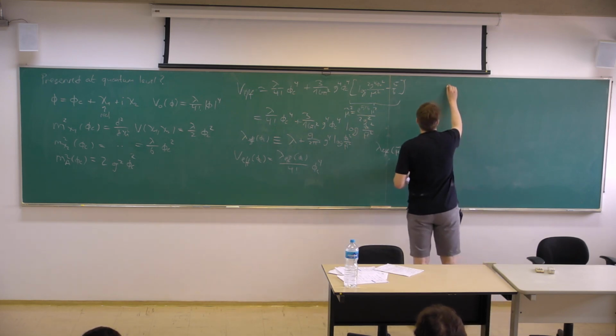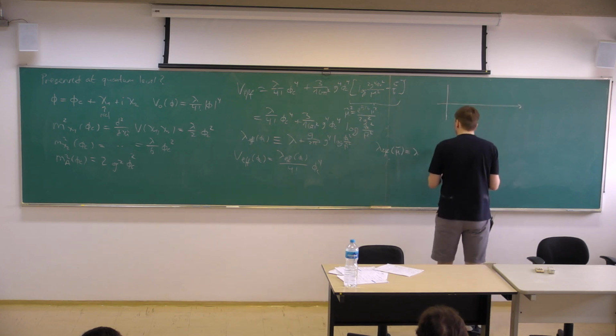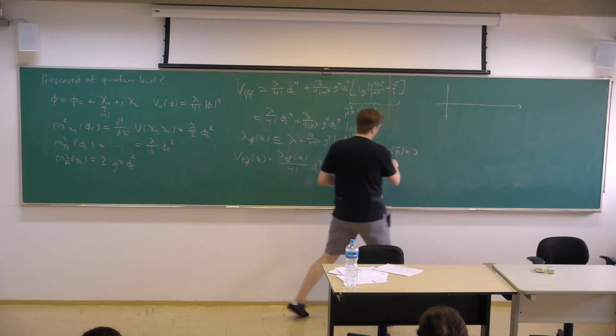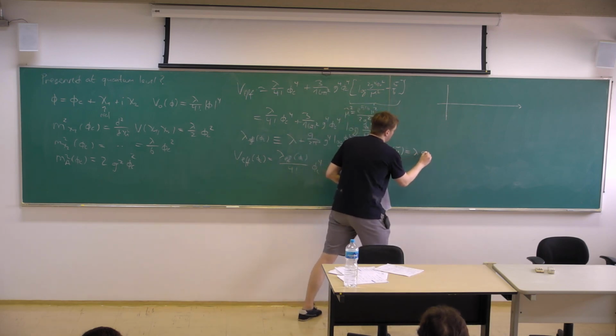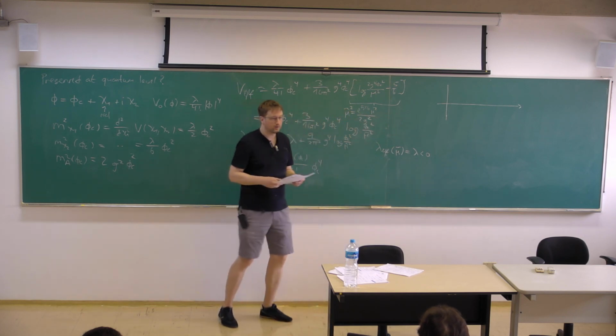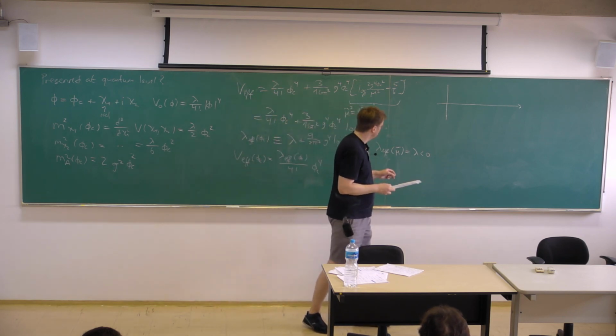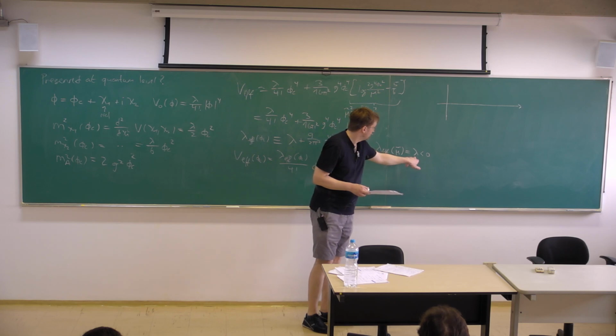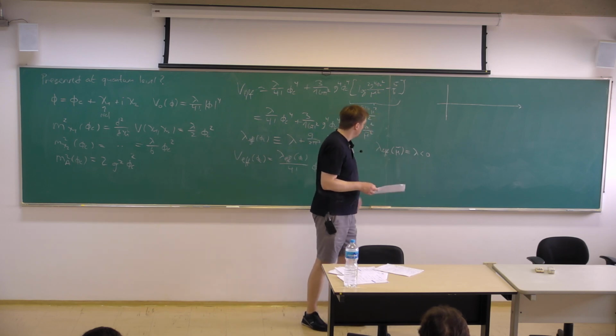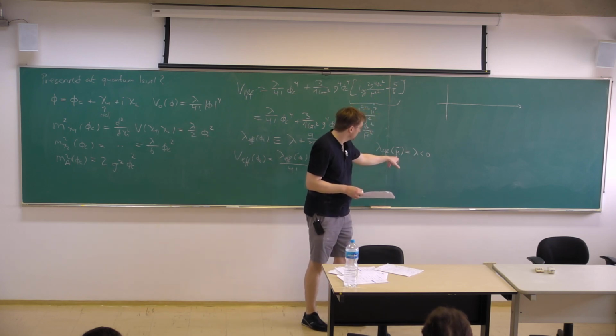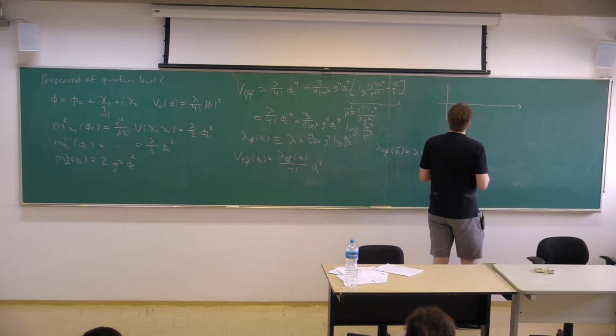Okay, so let's now plot this. Let's assume this coupling is negative. This is the coupling that enters the tree level potential, which is the effective coupling evaluated at mu tilde, and it is negative.